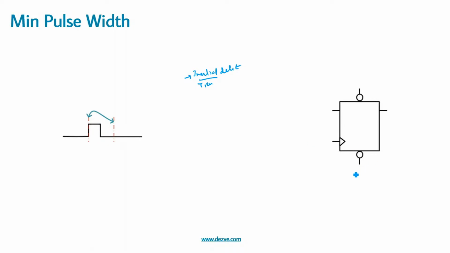Whenever this asynchronous signal changes, we should be able to propagate this to output. But if the change itself is very small, and the minimum requirement is larger, then this change might be eaten up within the cell and might not get reflected into the output. So these are some more categories of checks which are performed on the asynchronous signals.